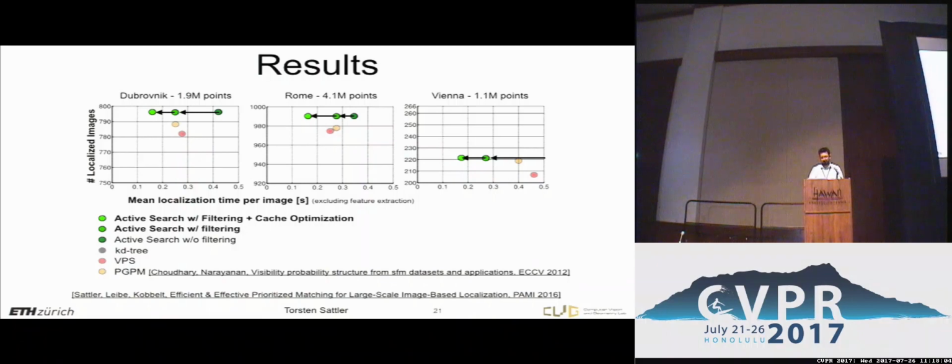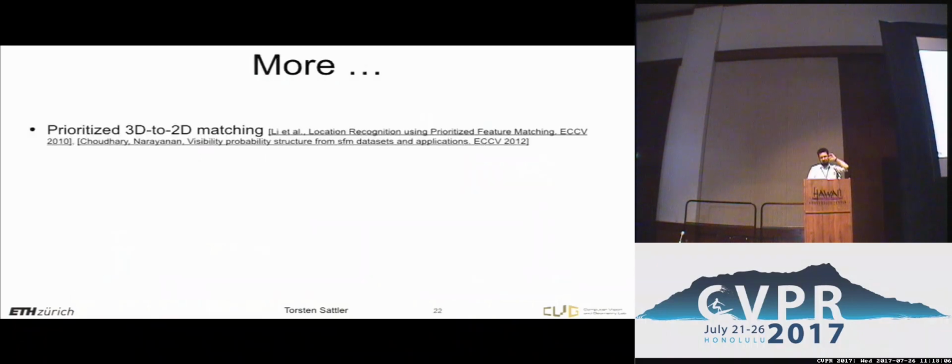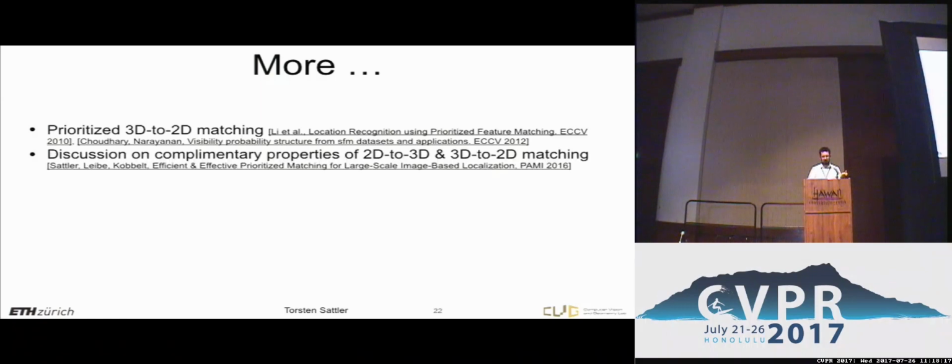Okay, to finish this part, there's quite some work on this. There's work on prioritized matching from 3D points against the image that I didn't talk about. There's a neat discussion about when to use 2D to 3D matching and when to match in the other direction.